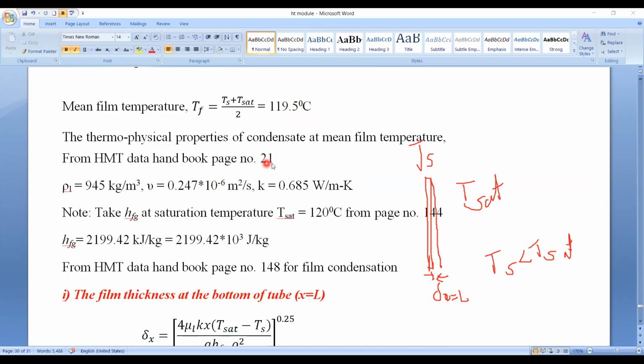So we have to refer to page number 21 to extract the thermophysical properties of the liquid. Refer to page number 21.